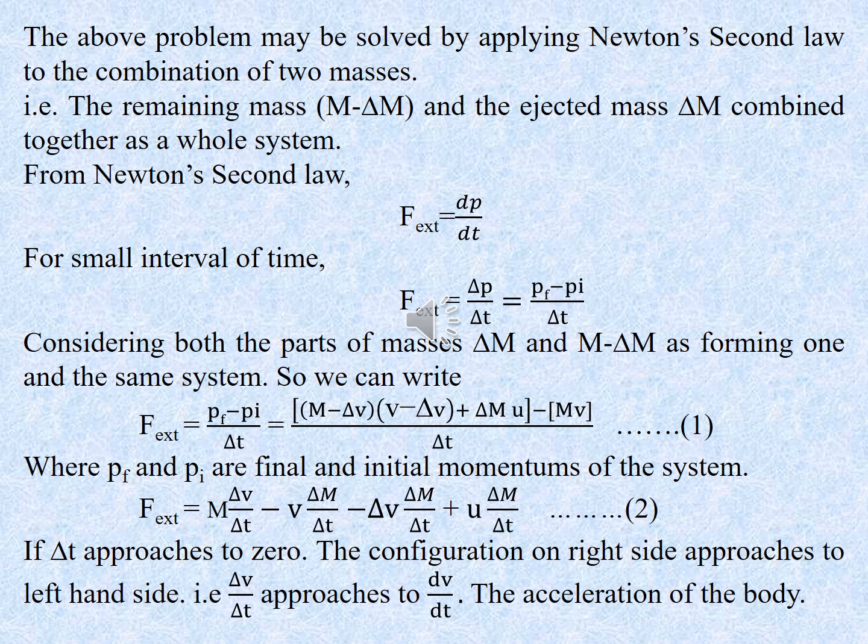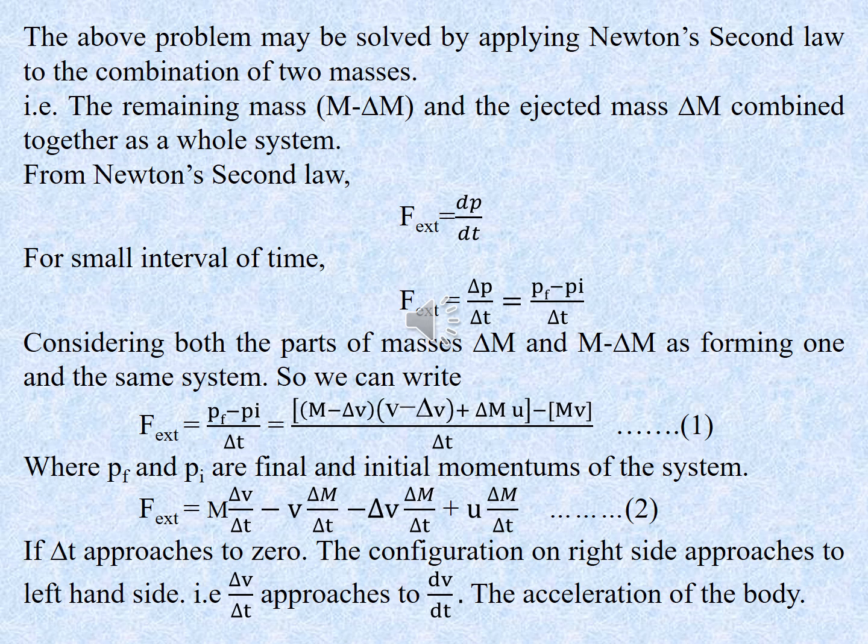Considering both parts of masses, delta m and m minus delta m, as forming the whole mass and the same system, we can write F external is equal to pf minus pi by delta t, which is equal to (m minus delta m) into (v plus delta v) plus delta m into u, minus mv, all by delta t. That is equation 1. Here Pf and Pi are the final and initial momenta of the system.